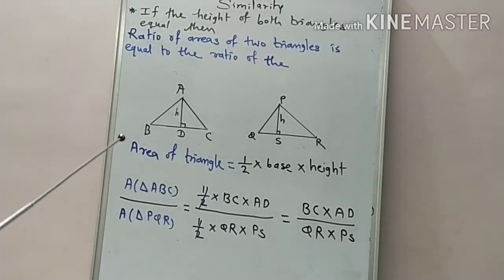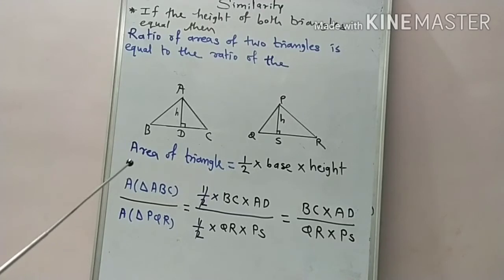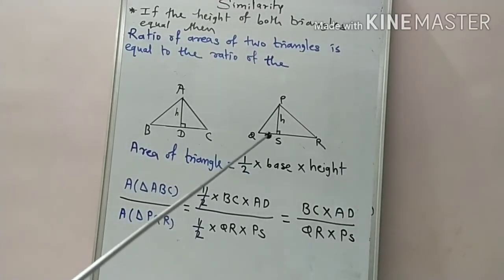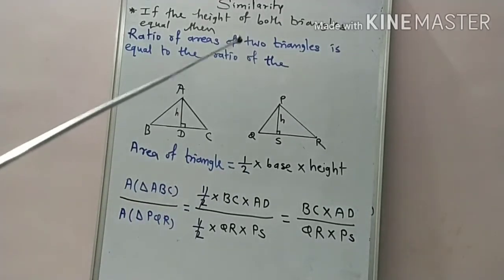So according to the previous property, the ratio of areas of two triangles is always equal to what? The ratio of product of their bases and corresponding heights. But here we notice that AD and PS, the heights of the two triangles, are given as equal.